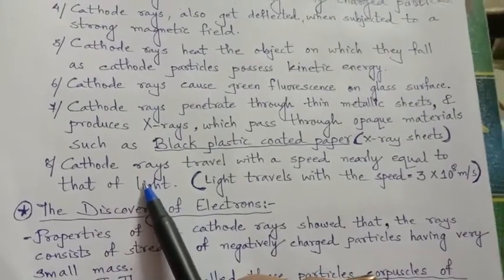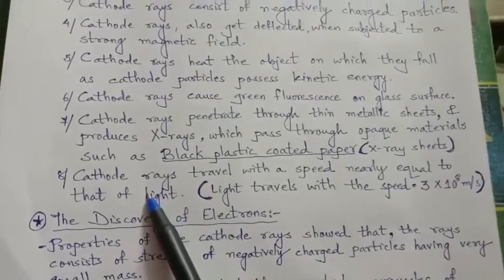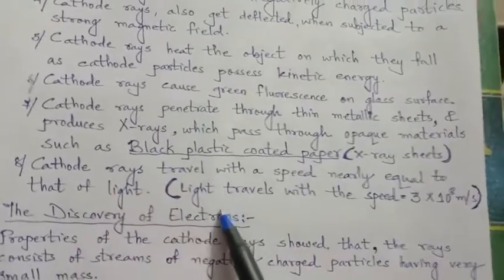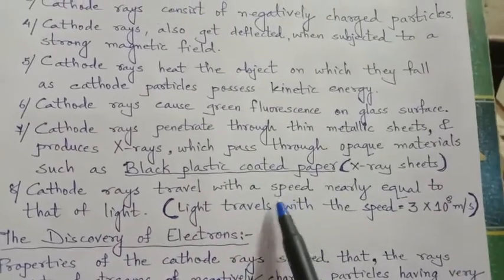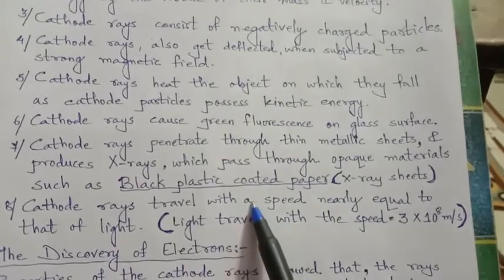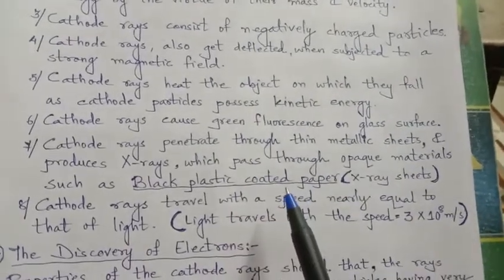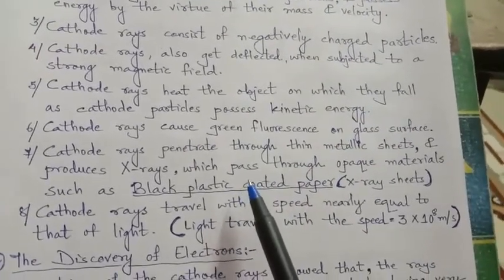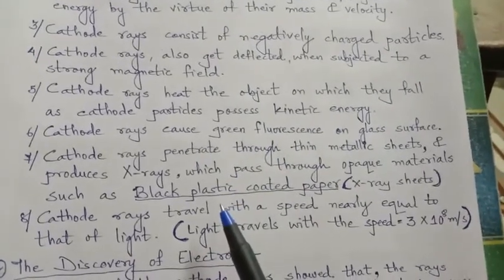We know light travels very fast, and cathode rays are also traveling very close to the speed of light. If you want to know the speed of light, light travels with a speed of 3 × 10^8 meters per second. 10 raised to 8 means there are 8 zeros behind 1, and you multiply that value by 3. That many meters in 1 second light travels.